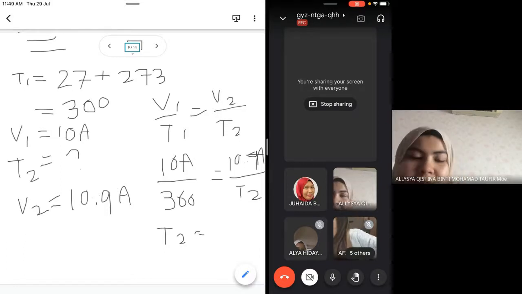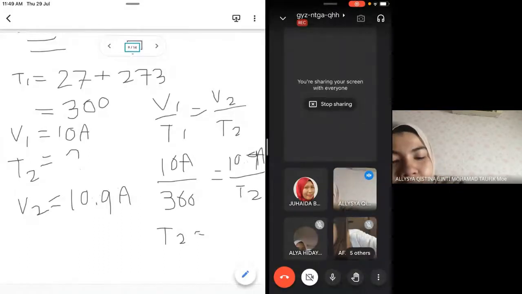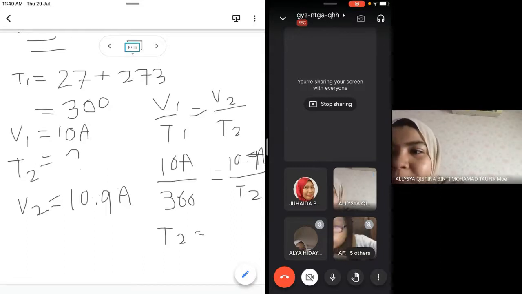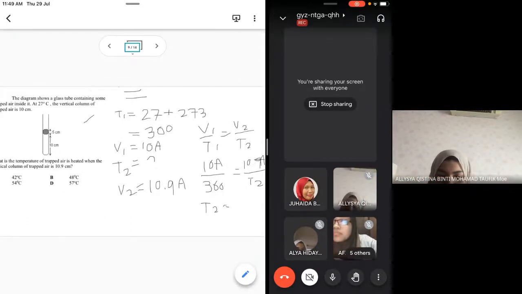I got 327 Kelvin, and then I minus 273 because the answer is in degrees Celsius. So I got 54 degrees Celsius. Yes, correct. So everyone got the answer?